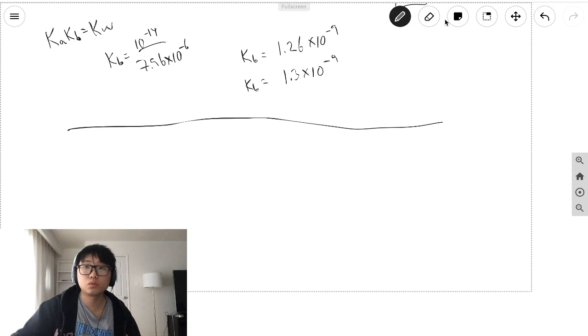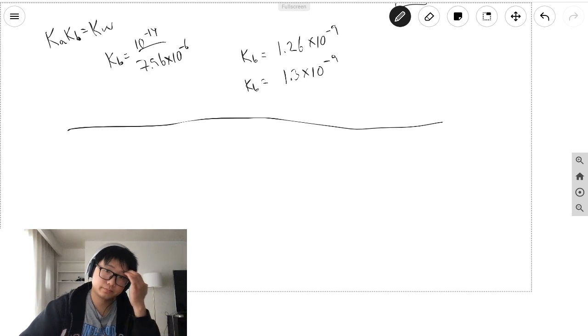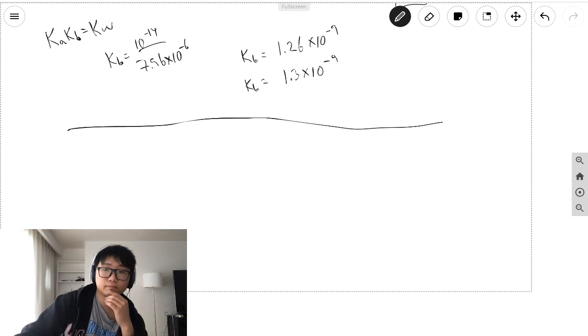So you can share the screen. I'm not sure, you might have to have your video back on first and then share. I don't know how it works.